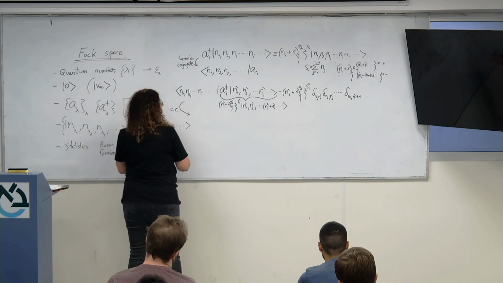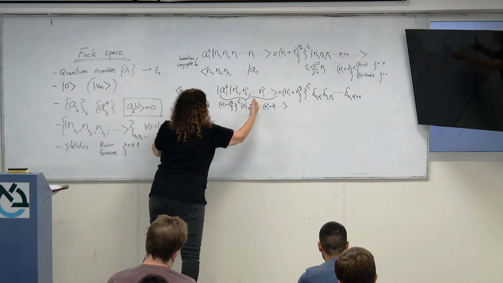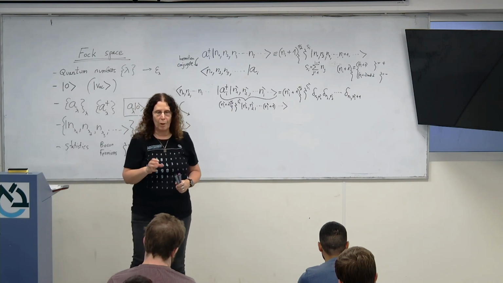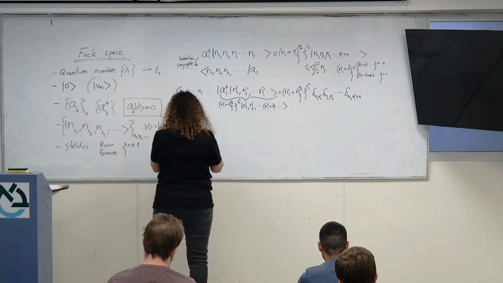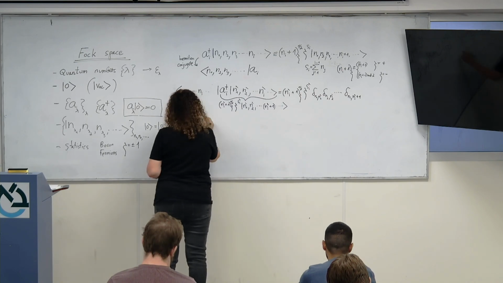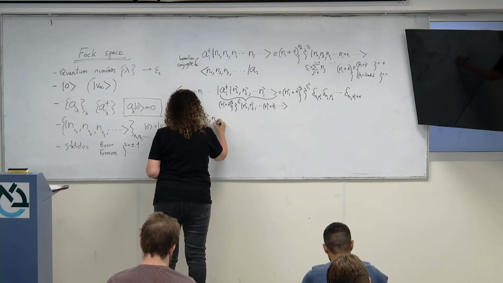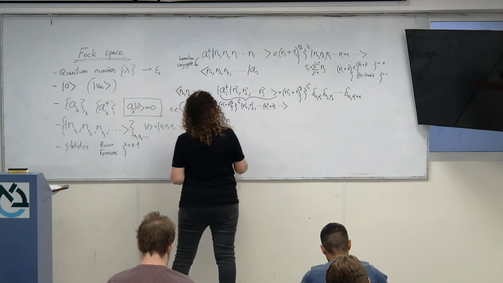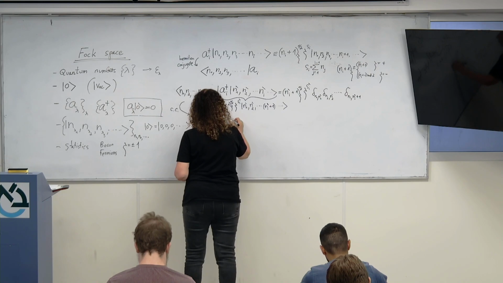I'm putting a star on everything because a matrix element is just a number, right? What is it? It's given by, I have to reverse the order of the prime and the not prime, and I get Ni prime.